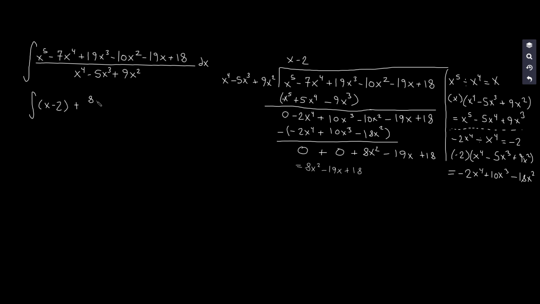So 8 times x squared minus 19 times x plus 18 over the divisor here, 4x raised to the power 4 minus 5x raised to the power 3 plus 9x squared.